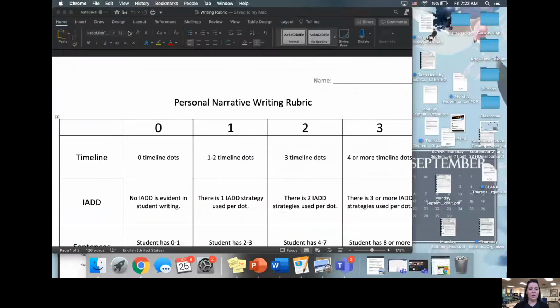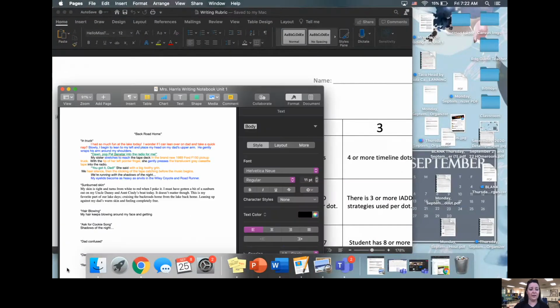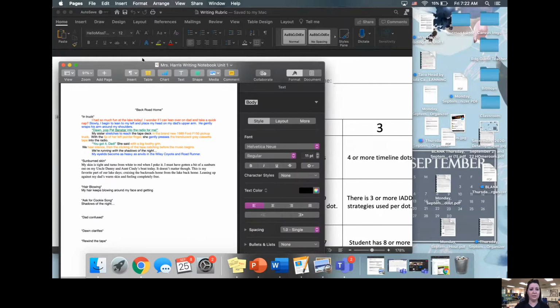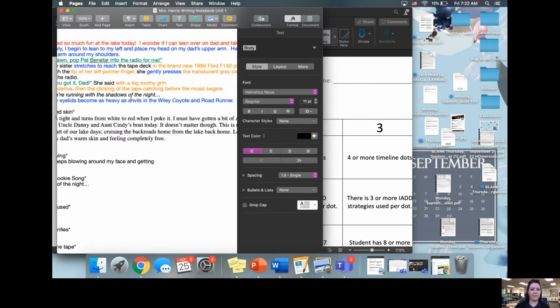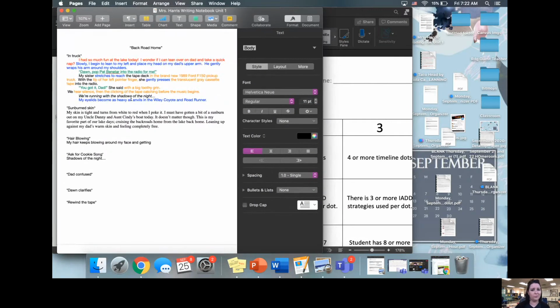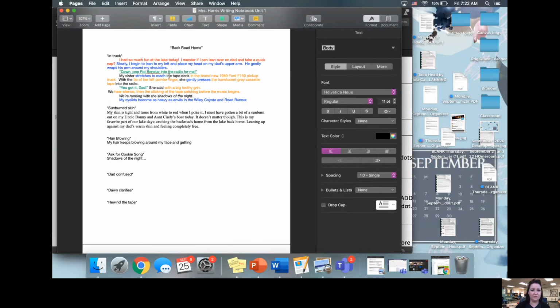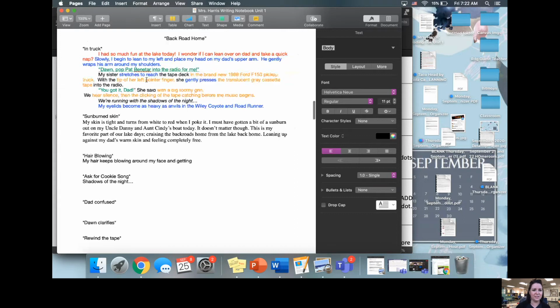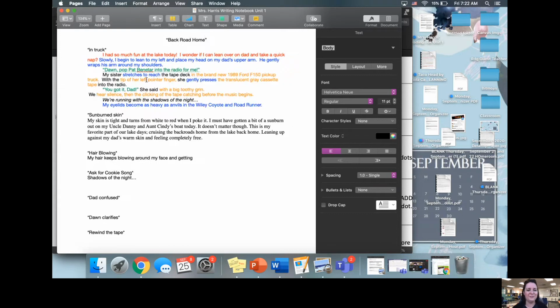So you have taken your writing from timeline dots to draft. So here's what I have so far. And remember, teachers, we don't get to write as much as you guys do because we're usually going around the room and meeting with you guys. So please excuse my partial draft.